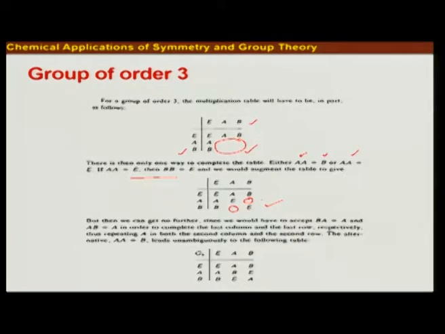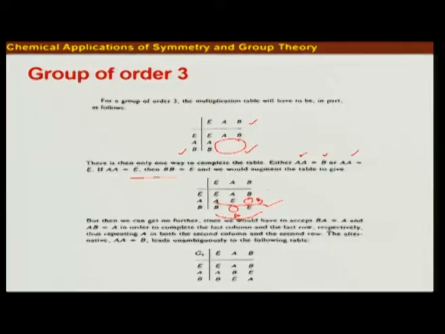So you have to have A here and B here in order to satisfy this row condition. Now, that will lead you to a problem, because this satisfies the row condition, that is no two elements of this row are the same.